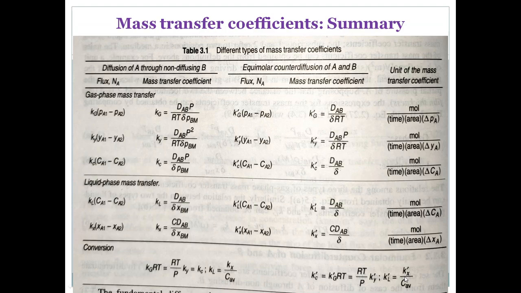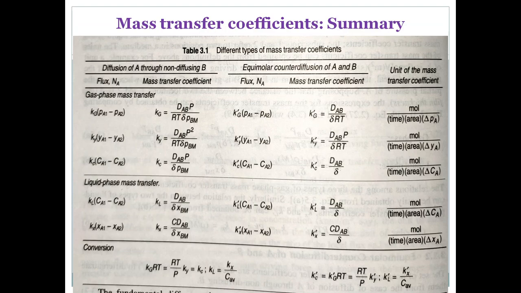This table you have to digest, otherwise you cannot deal with mass transfer coefficients or convective mass transfer problems, because here the complexity is much higher. In heat transfer you have only one transfer coefficient, but here you have to deal with 10.